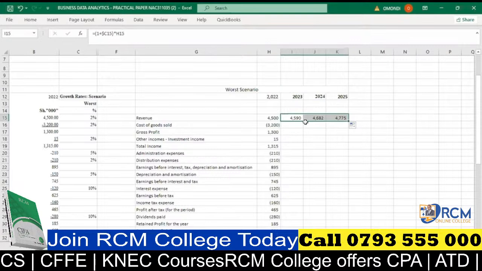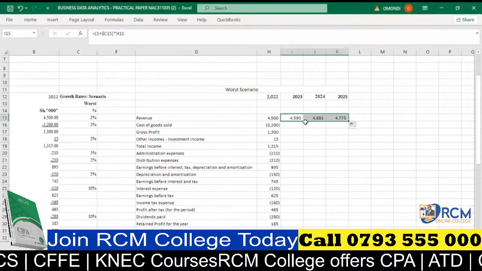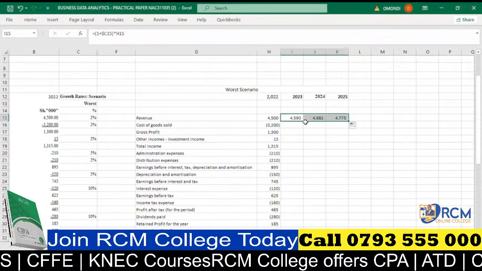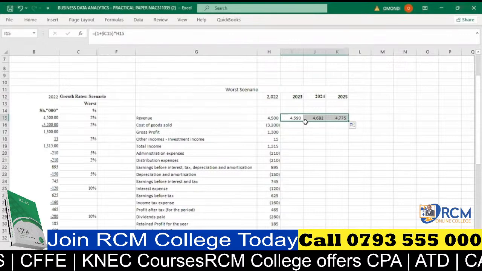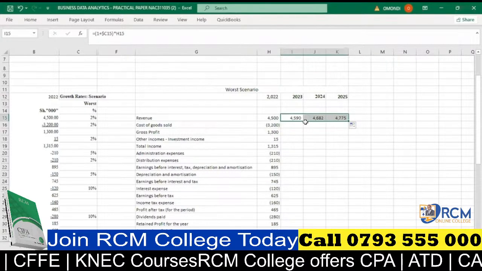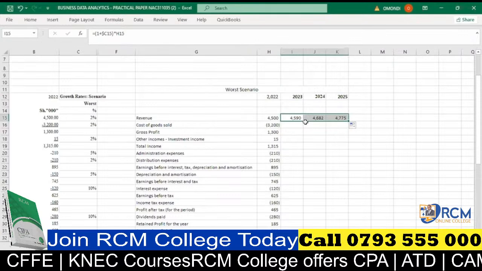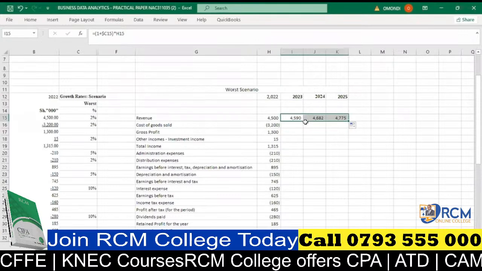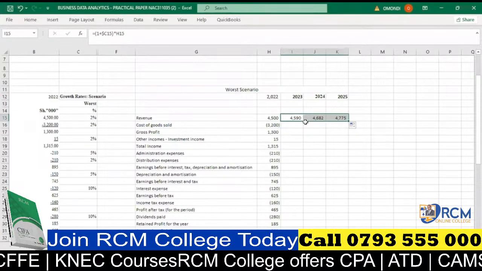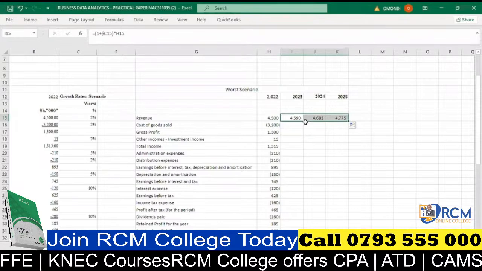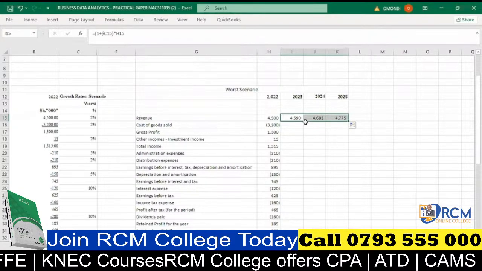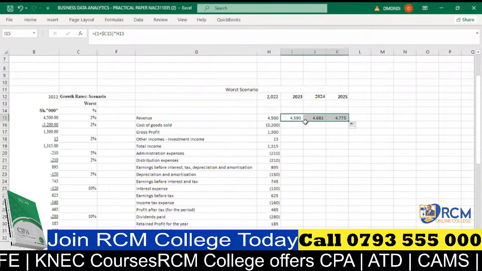Confirm. Do you have everything now auto-filled?